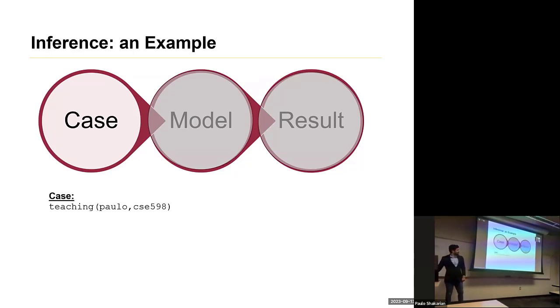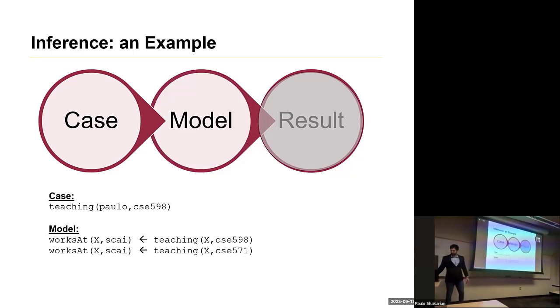So here's another example written in first order logic. We have teaching, me in this class. And then we could have some logical rules. Say, if someone is teaching CSE 598, that person works in the computer science department. Likewise, if someone's teaching 571, that person also works in the computer science department.